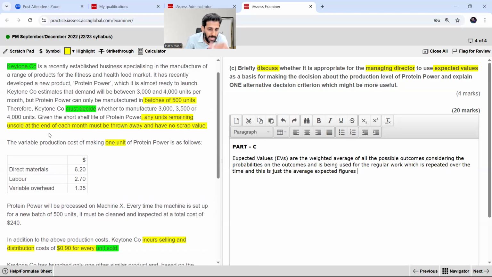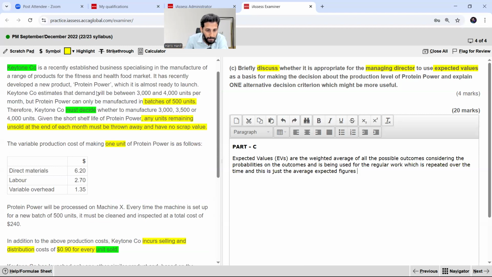But here it was written that it has recently developed a new product, so how can we apply this thing, right? And EVs are helpful for managers having a risk neutral attitude, who is neither risk seeker nor risk averse, right?